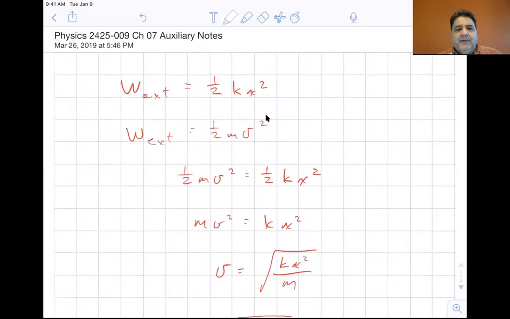And it's also equal to 1/2 mv squared. So we can equate those two. 1/2 mv squared equals 1/2 kx squared. So you get rid of the 1/2 on either side. So mv squared is equal to kx squared. So the velocity is equal to the square root of kx squared over m.